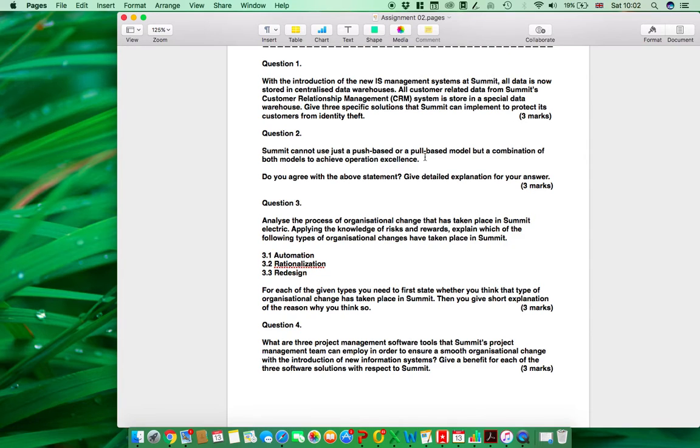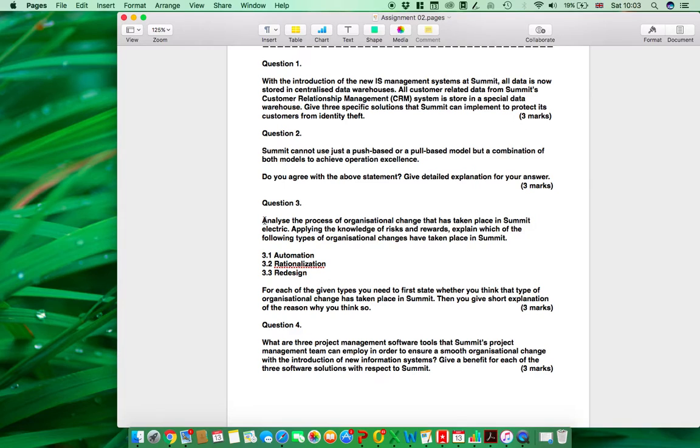Then, as you've read the Summit case study by now, you need to think: do we need just push, just pull, or a combination of both? And the answer is in the Summit case study. If you see the way they are processing the orders, you will understand what it is.